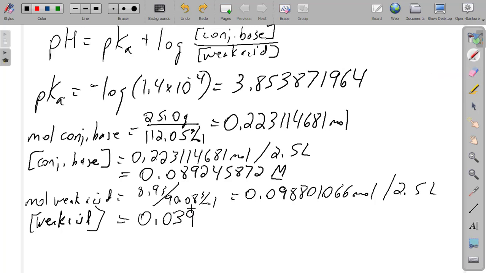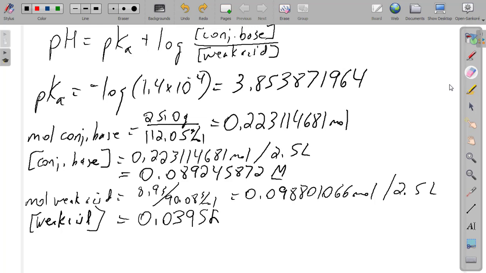It's supposed to be 0.03952. Oh, I apologize, my screen at this point is difficult to write on. So 0.039520426 molar. Okay, so now we have those concentrations.